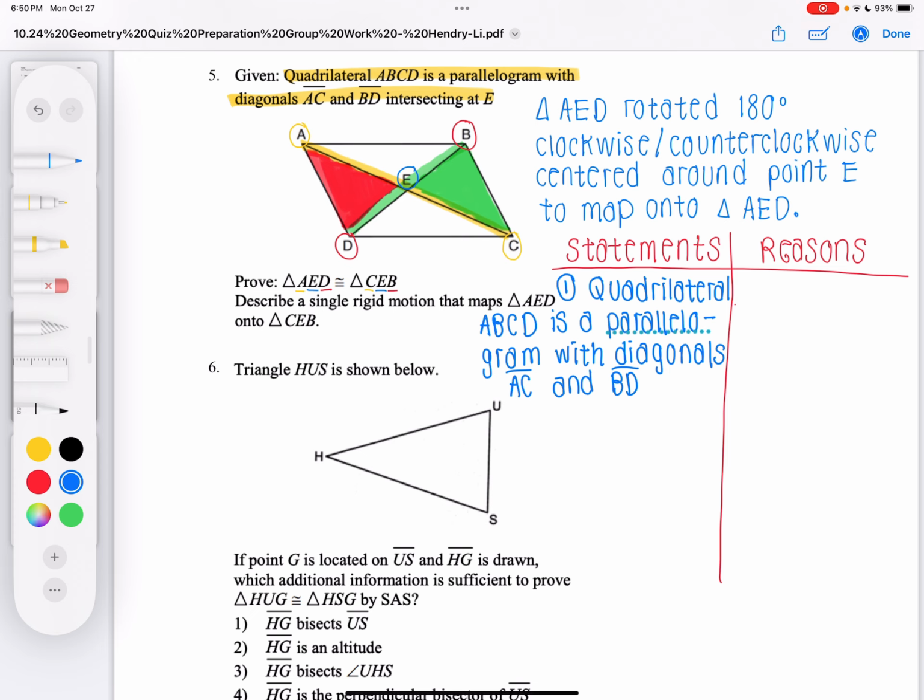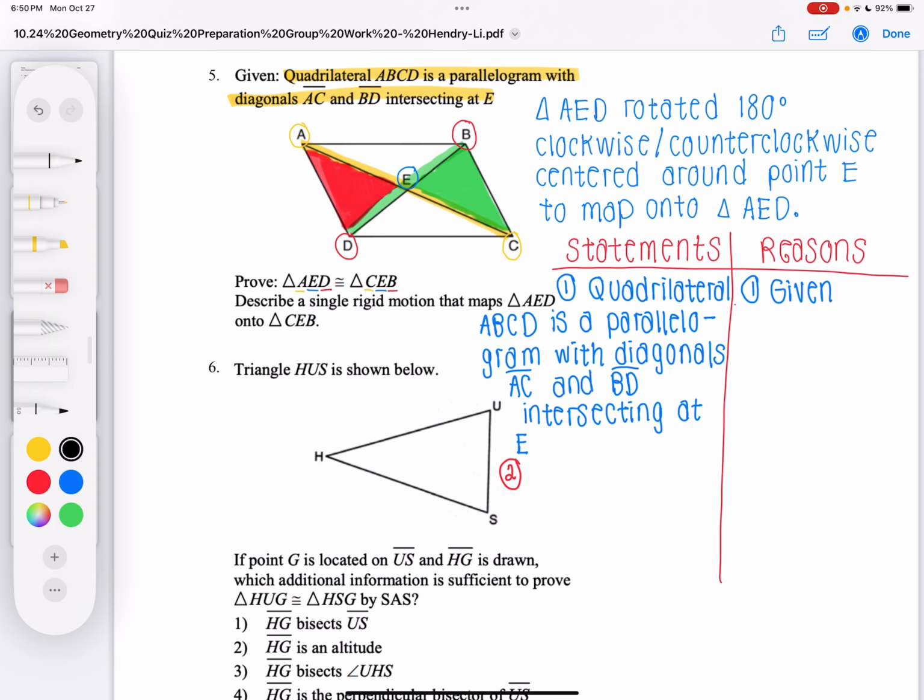So maybe it would be helpful for you to go back to properties of parallelogram and look specifically at what's special about the diagonals for all parallelograms. So for example, rectangles, squares, rhombuses.